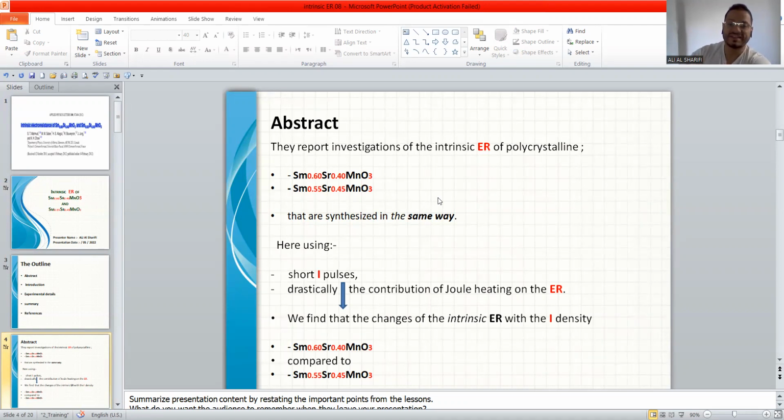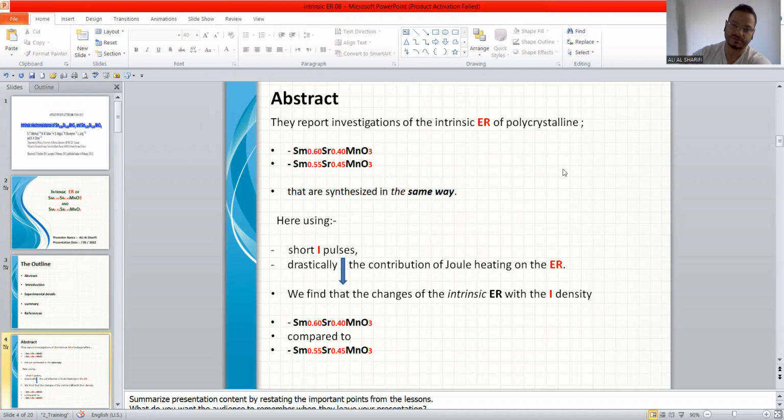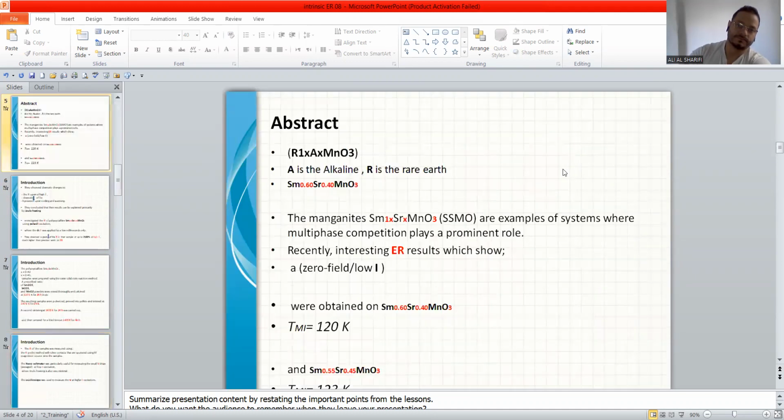We find the change of the intrinsic carrier concentration in these two components with these two different concentrations. Now, the parent shape of these two components is R1-xAxMnO3, with 3 atoms of oxygen.